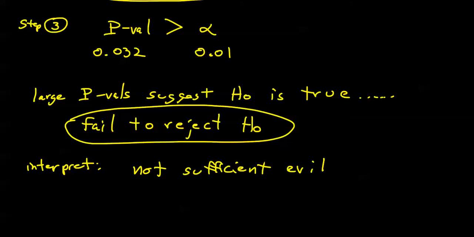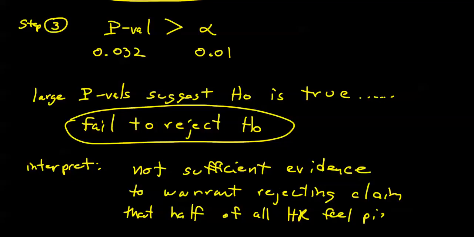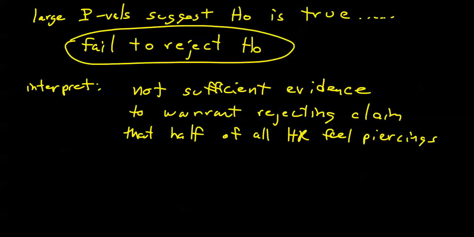In other words, your sample proportion wasn't extreme enough to warrant rejecting the claim that half of all HR human resource people feel piercings are big no-nos. The book says big red flags, okay?